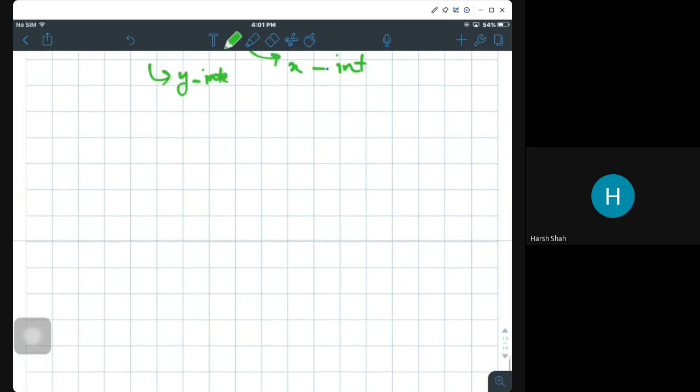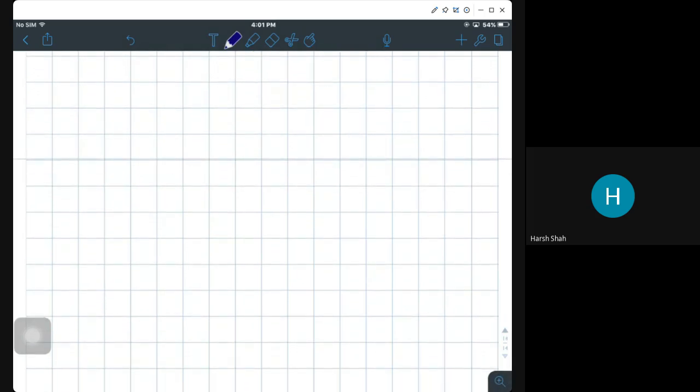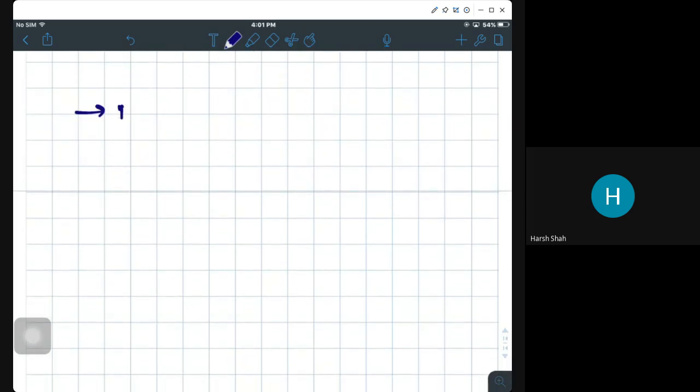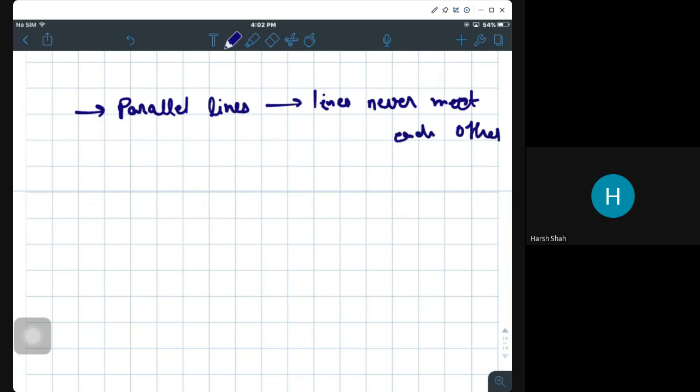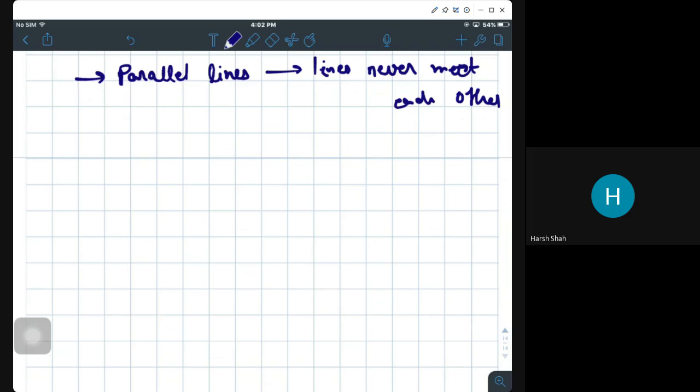Then this is what we were talking about, one line. Now we bring another line into the picture and we define some terms, which are parallel lines. Parallel lines are lines that never meet each other. So an example of parallel lines is this.